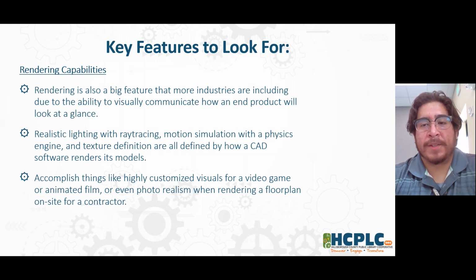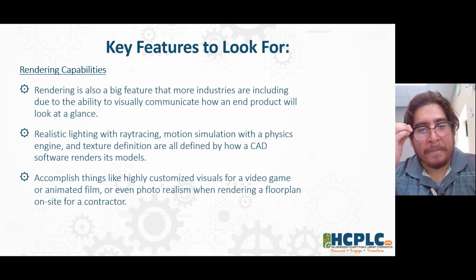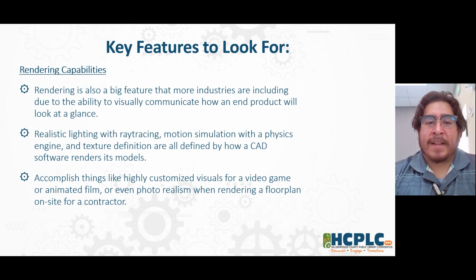This can also feature specifics on like textures. This can feature specifics on lighting, motion simulation, just a whole host of different features that you might be aware of if you play a lot of computer games, or if you're big into like, once again, CGI and film production. This stuff is very specific to that.